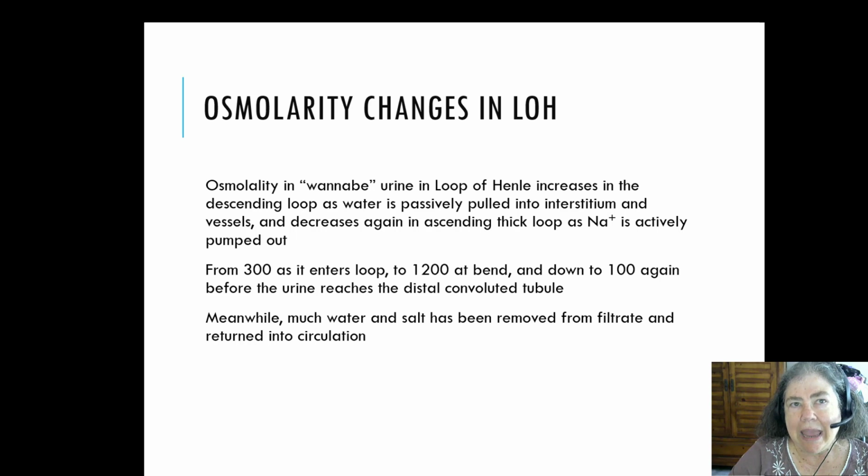As it ascends and all of the salt is being pumped out and there is no more water permeability, it goes back down. And by the time it reaches the distal convoluted tubule, it's down to about 100.